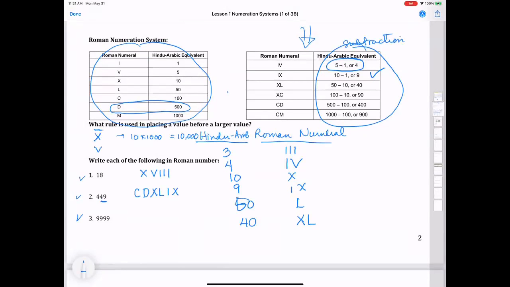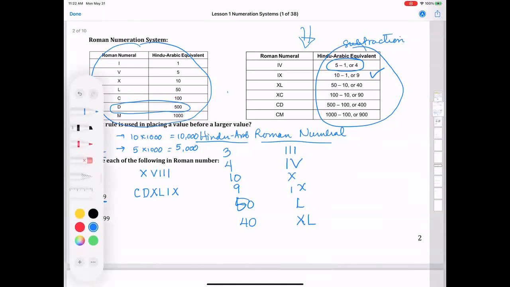If I put a V with a bar, what does that mean? It means 5 times 1,000, which is 5,000. And if I use an I, no, we don't use an I because there's already a symbol for 1,000, which is M. So we only represent anything beyond M using that bar.